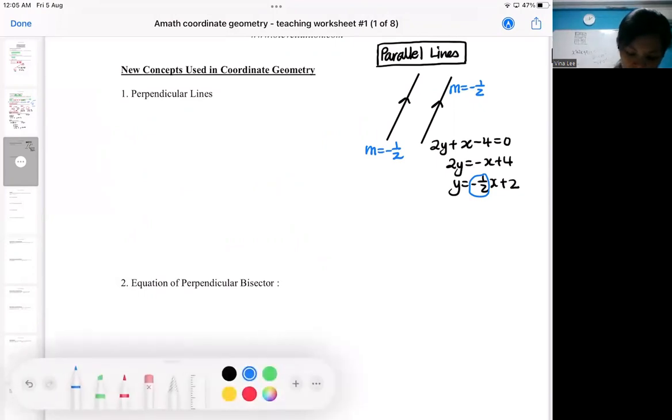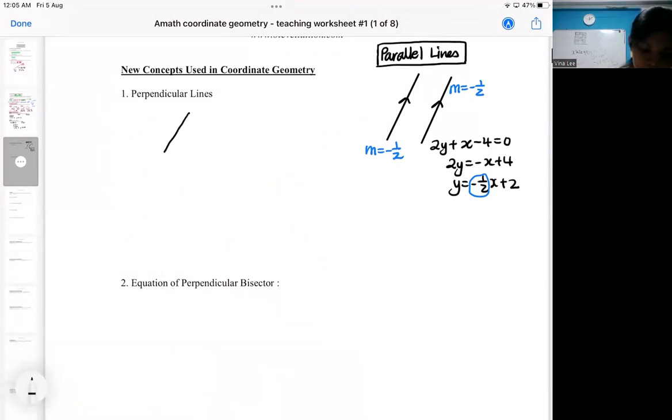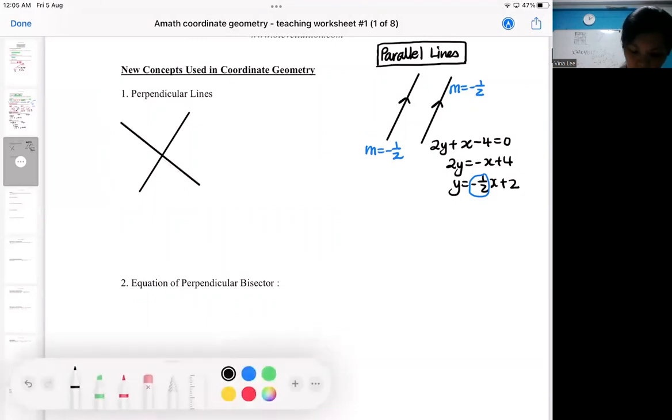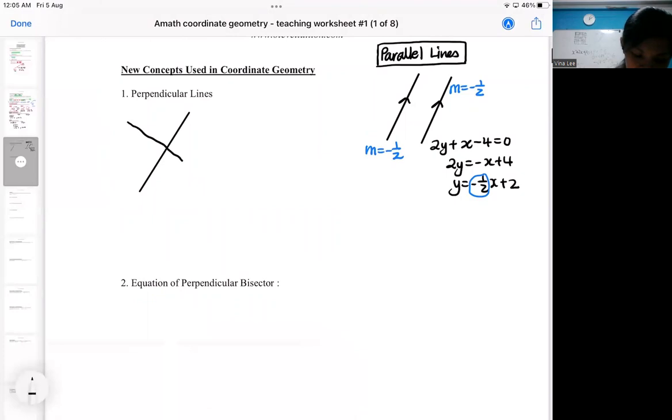In the case of perpendicular lines, they will look like this. Okay, let me try to make it more perpendicular. There will be a 90-degree mark to show that the two lines are perpendicular. So line 1 and line 2 are perpendicular.